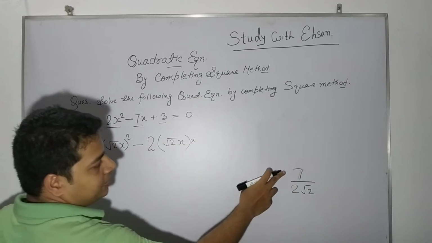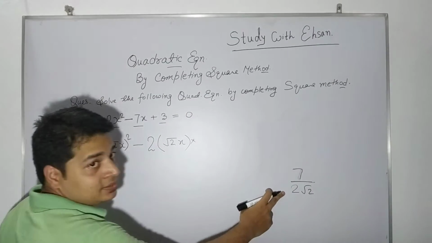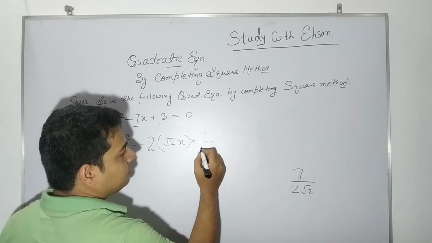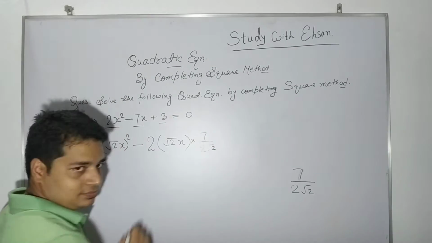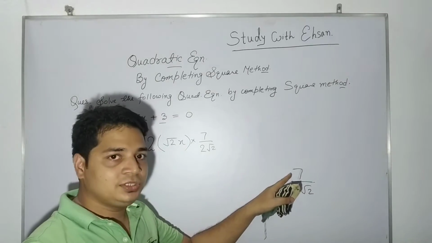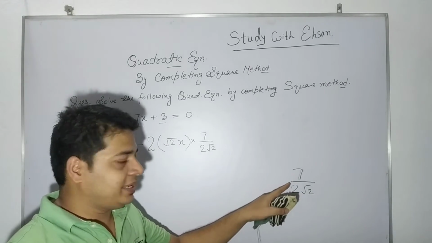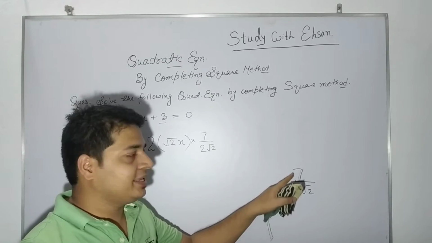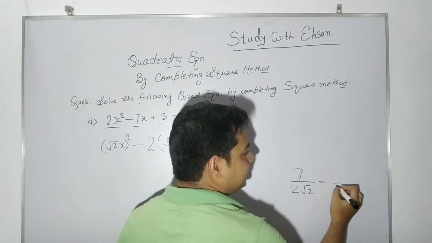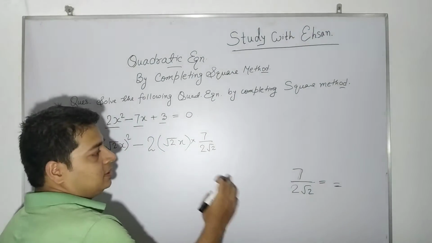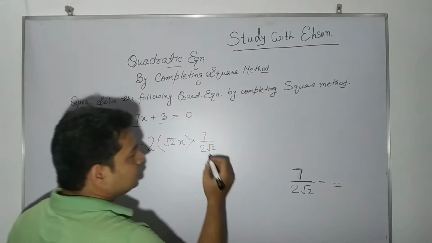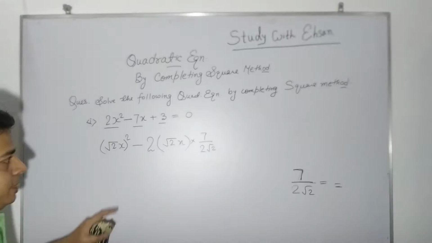There is nothing to be cancelled out from numerator and denominator, so this is the quantity we have to write here, 7 upon 2 root 2. Is it clear? And if any of the numbers from the numerator and denominator can be cancelled, we have to first cancel, and after cancellation whatever we take here, we have to write that quantity here. But here nothing can be cancelled, so we write 7 upon 2 root 2.